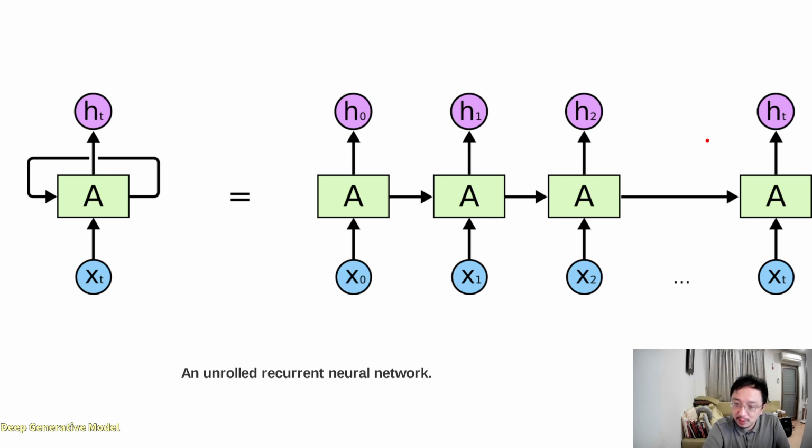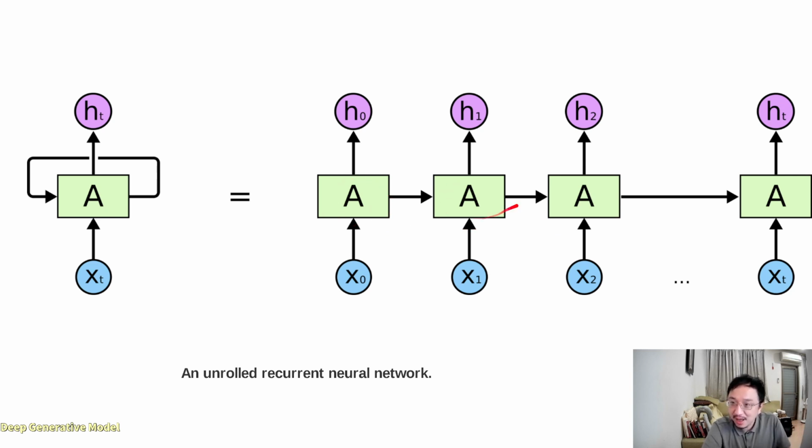The special property of this neural network is that it shares a lot of weight between the layers. If you consider this one the first layer, this one the second, this one the third, and this one the last, maybe it is a block, but we just call it a layer for simplicity.